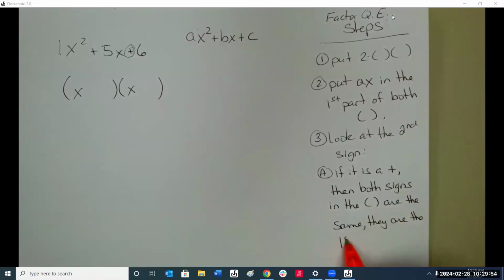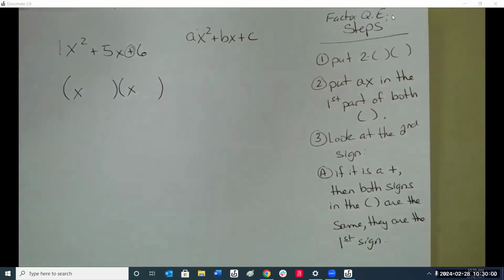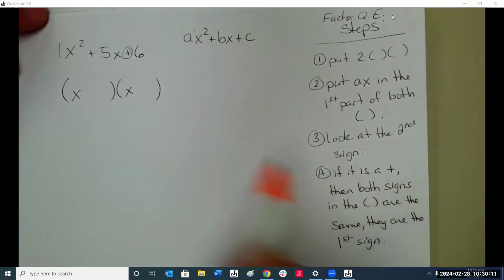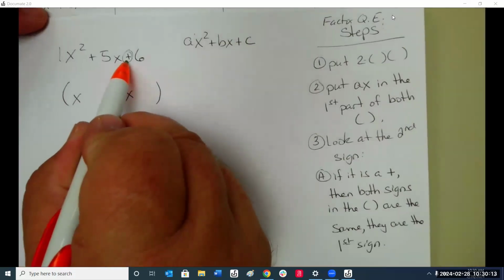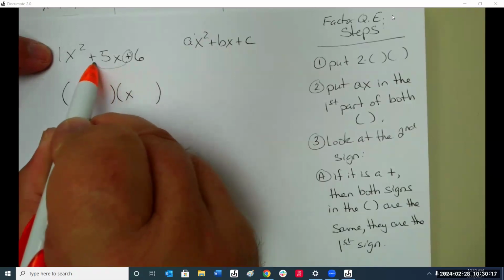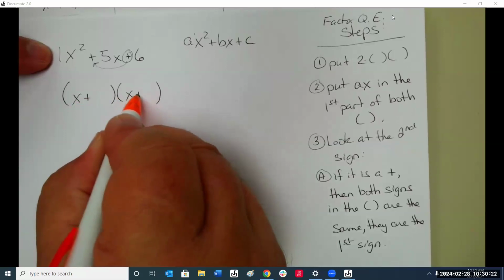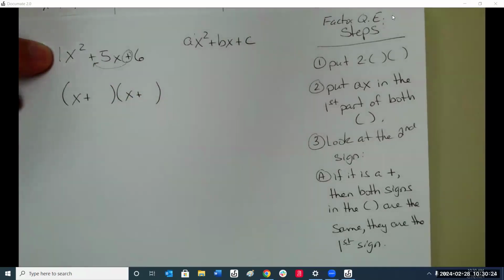They are the first sign. If the second sign is a plus, then both signs in the parentheses are going to be the same thing. So in this one, since the second sign is a plus, both of these are going to be pluses because the first sign's a plus.